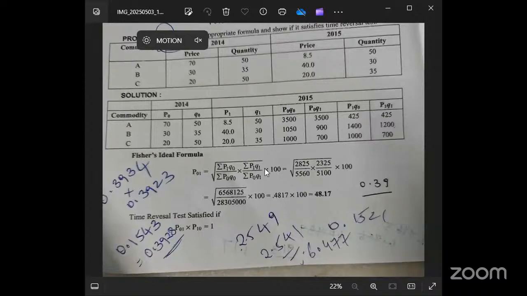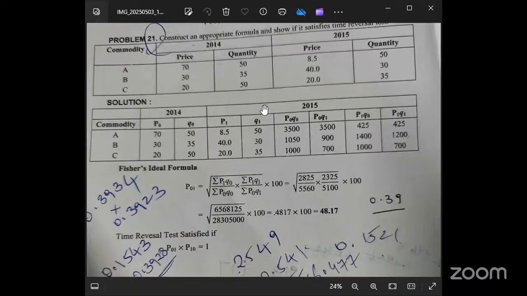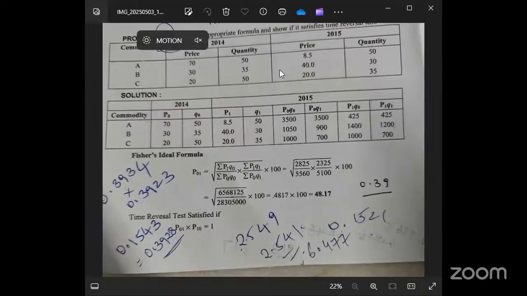So this is the problem based on time reversal. Construct an appropriate formula and show that it satisfies the time reversal test. So price and quantity of base year and current year is given. As usual we need to make the totals, then apply the formula.